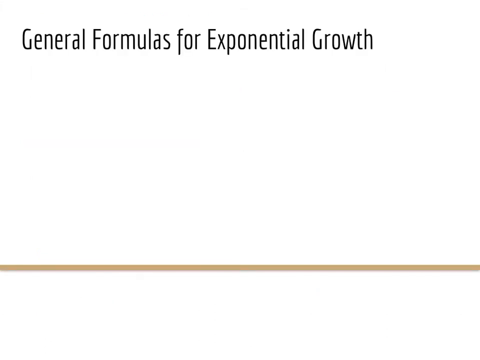So to quickly recap, our general formula for exponential, this should say functions, and I believe it says that on your notes. It's just not updated on my PowerPoint. The general formula for exponential functions looks like this.